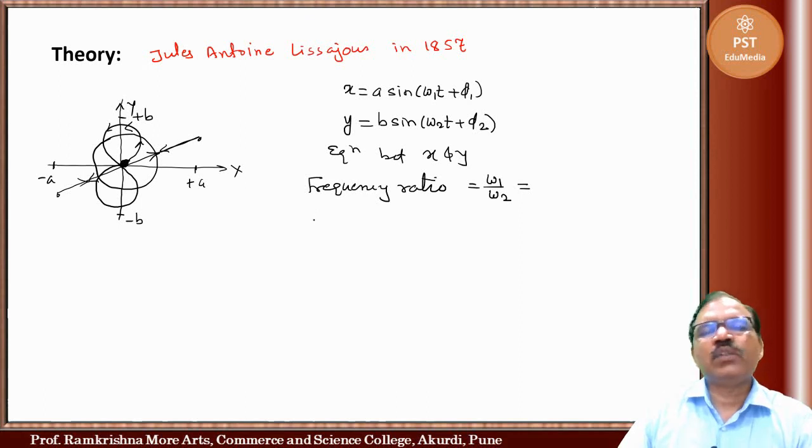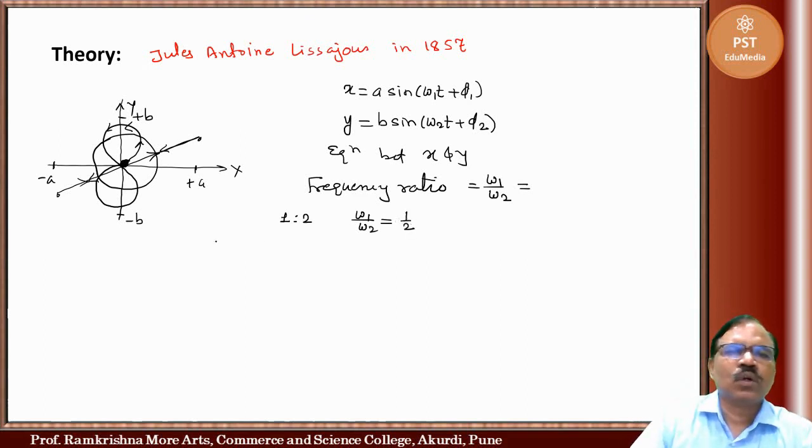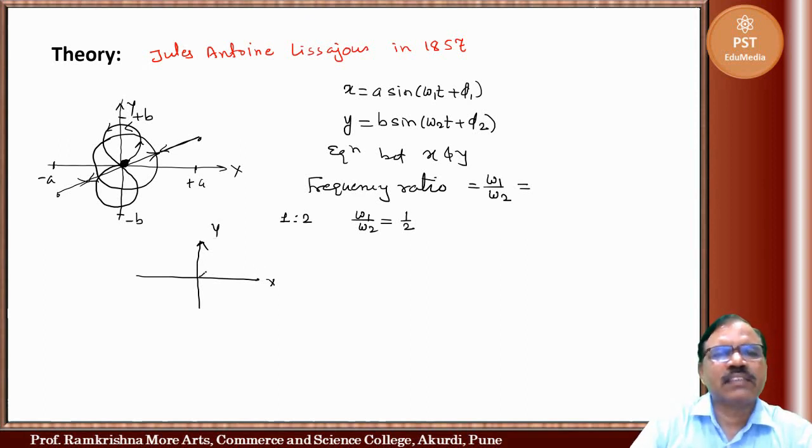But if that ratio is irrational, then you will not get a closed path. For example, if we take frequency ratio 1:2, that is omega 1 upon omega 2 is equal to 1/2, you will get a figure like this.